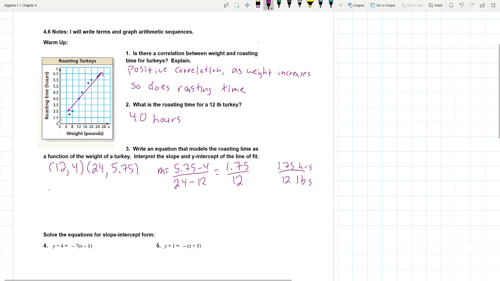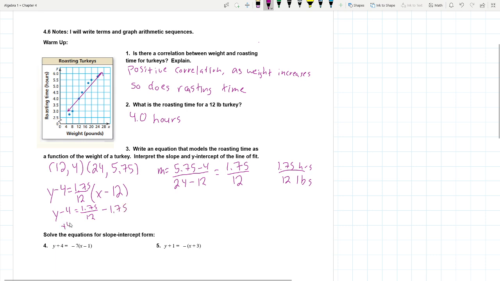Using that information, I'm going to go y minus 4, using this first set of numbers, equals 1.75 over 12, x minus 12. So I get y minus 4 equals 1.75 over 12 x minus 1.75.